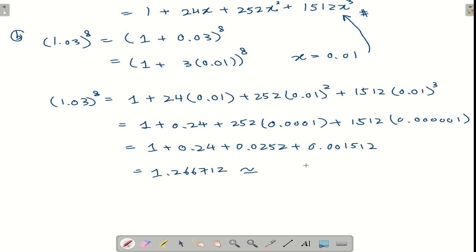If we round to 5 significant figures, we have 1.2667.